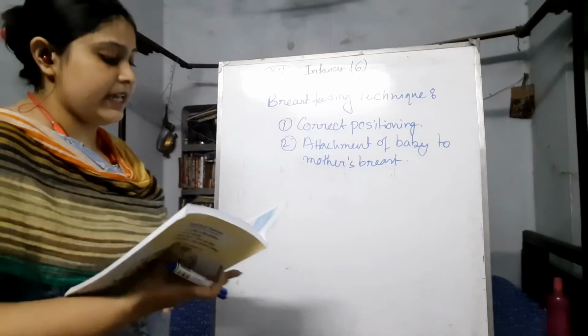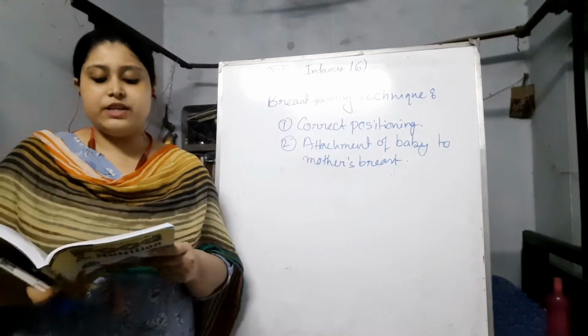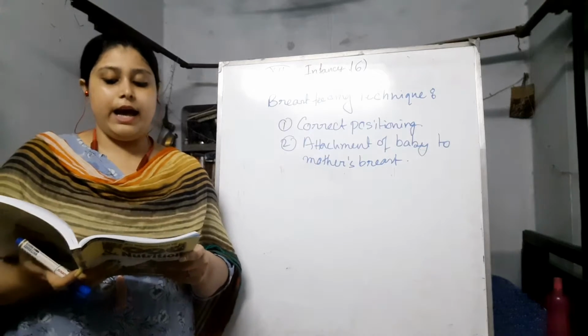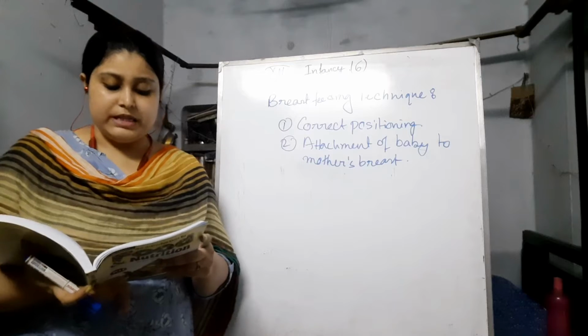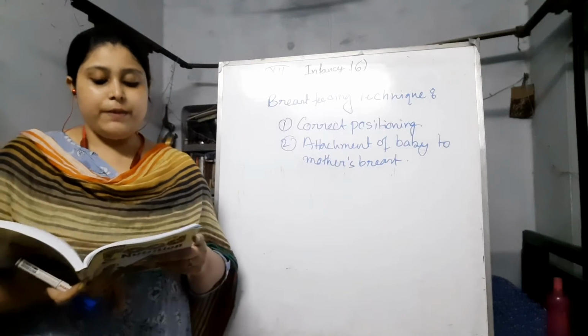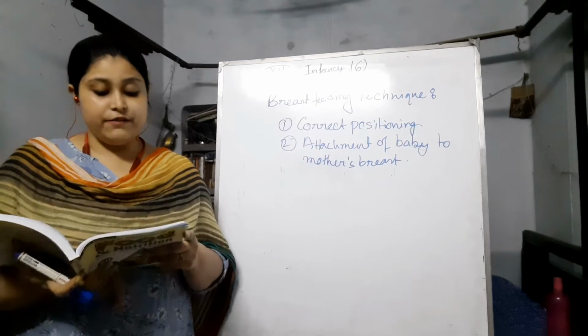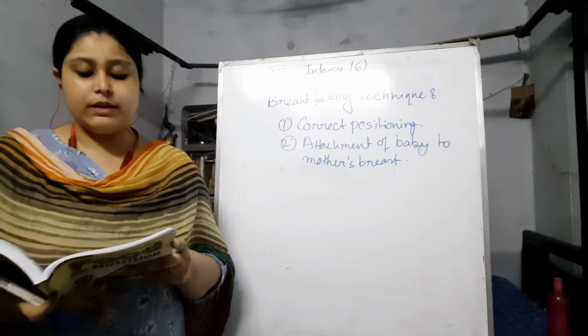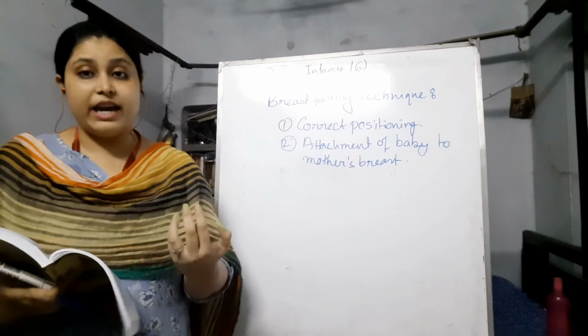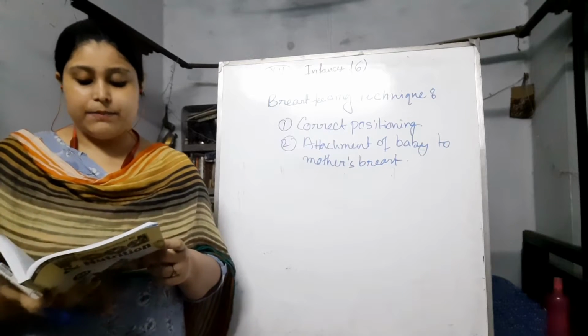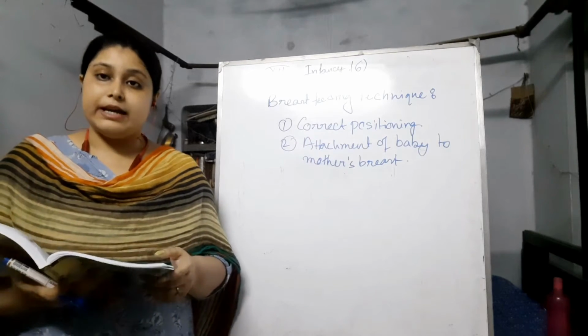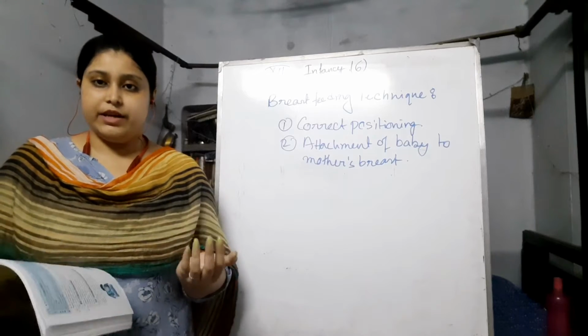What does it mean? This is important because it will ensure effective suckling and prevent sore nipples and breast engorgement. Proper positioning of the baby while breastfeeding involves supporting the whole of the baby's body. They have to keep the head, neck and body in the same plane, taking the baby in their lap.